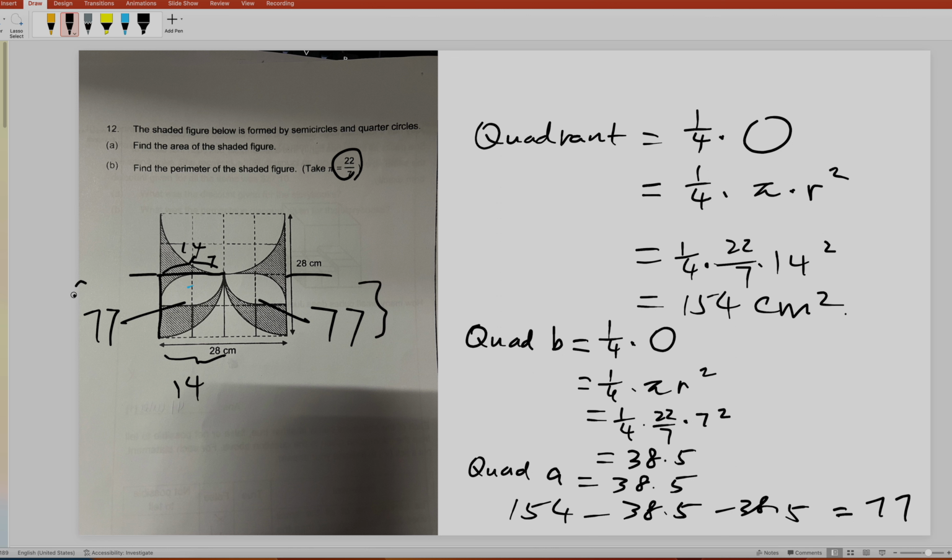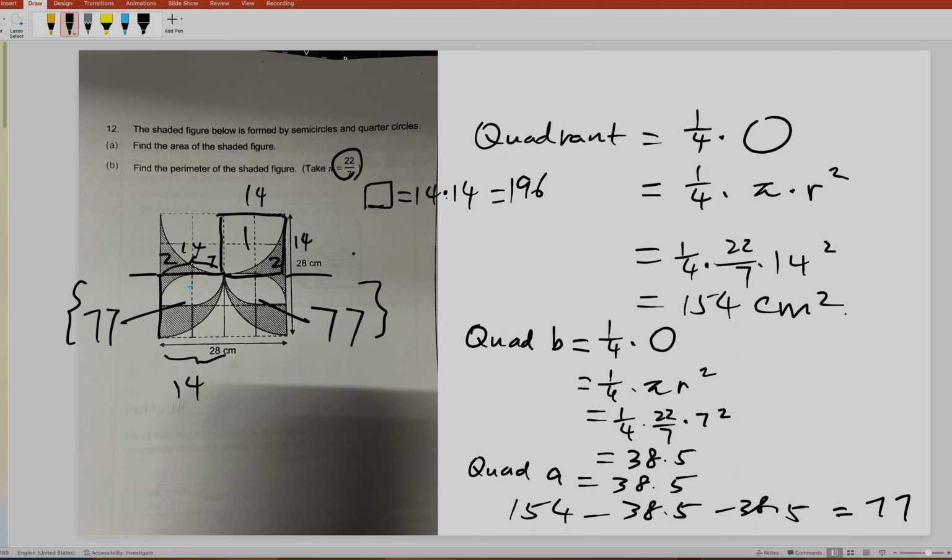I'm done. Right? Now I'm left with this. Okay? How do you get that one? You just take the square minus the empty part, right? So the square, this is 14, this is 14, so therefore the square is 14 times 14. Help me out with it, please. 14 times 14. 196. Very good.